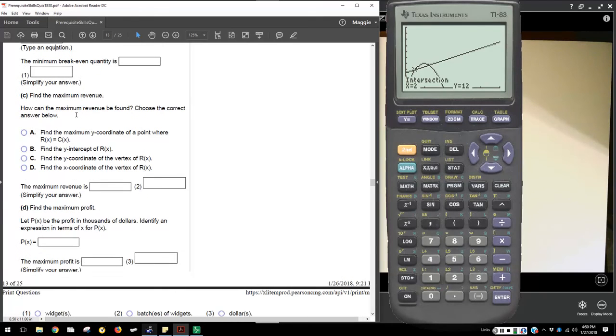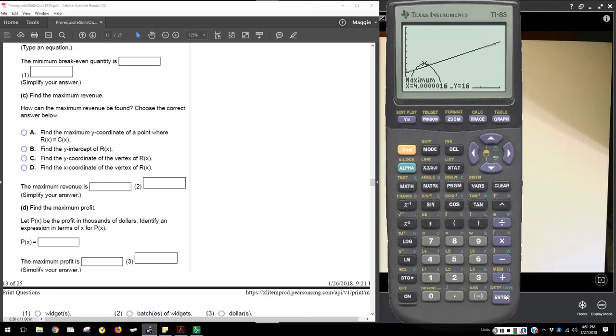Part C says find the maximum revenue. Well, the maximum revenue came from that maximum point. So the maximum revenue was $16,000 for selling 4 batches.